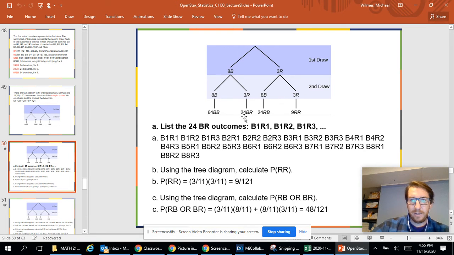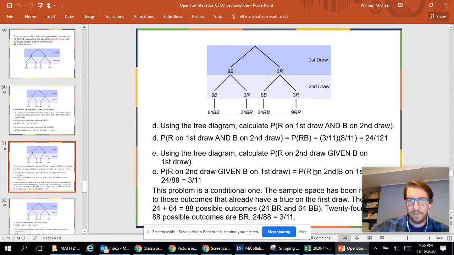That's here and here. So we just take those 2 outcomes and add them together to get 48 over 121. Or we could take the probabilities, 3 elevenths times 8 elevenths, there's our first one, plus 8 elevenths times 3 elevenths, and then add those together. Two ways to do it.